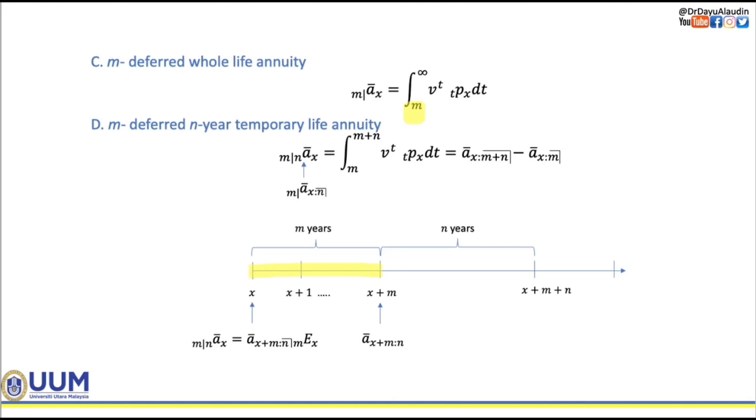That's why the lower bound starts from m to infinity, because this is a whole life annuity. For the m-deferred n-year temporary life annuity, the annuity will still be paid starting from m years and then for n years only, because it is temporary. So the upper bound is m plus n.